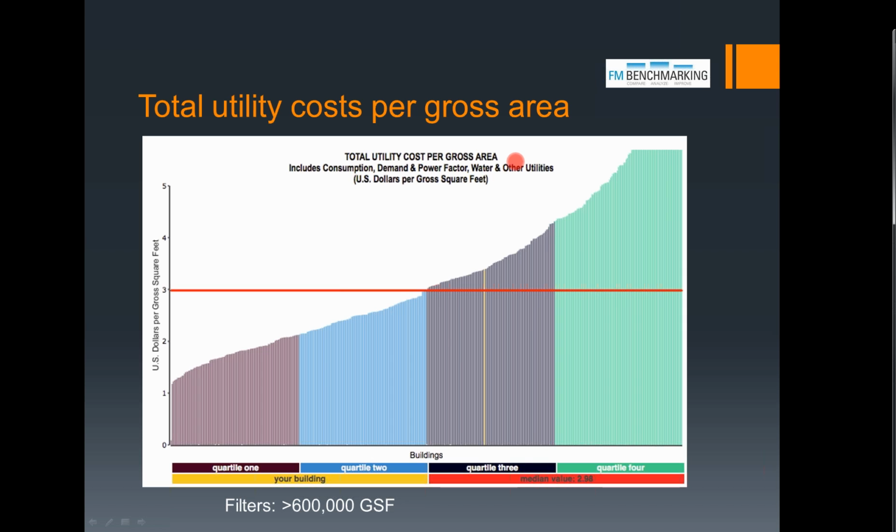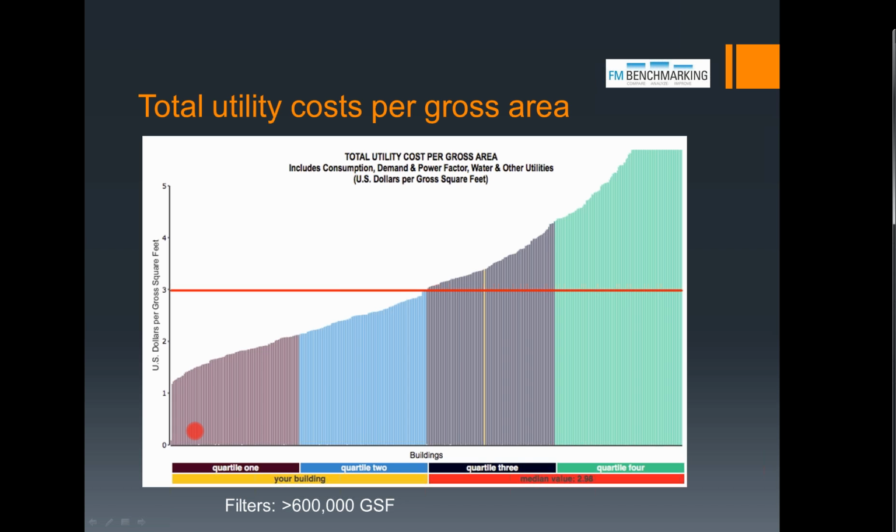Over on the left side is dollars per square foot, or the y-axis, the dollars per square foot. In this case, it's a U.S. example. If you were benchmarking this in Europe or the UK or anywhere, it'd be appropriate to be in other units of cost, pounds, euros, whatever the currency is.